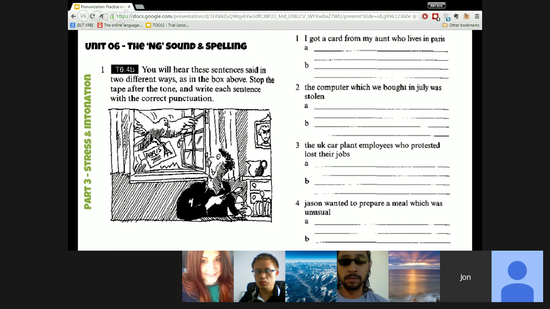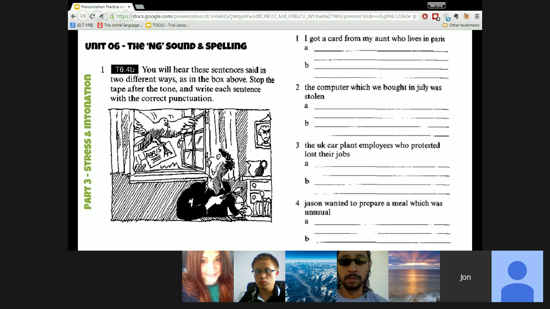Now, in which sentence, A or B, is there more than one computer? Can you repeat your sentence? Yes. In which sentence, sentence 2A or sentence 2B, is there more than one computer? Sentence 2B. Sentence 2B is correct.